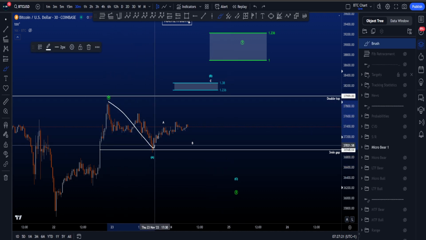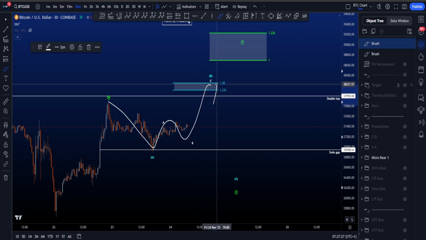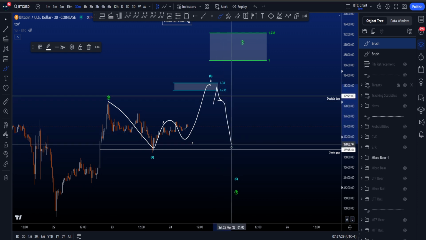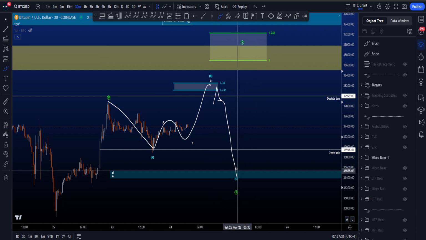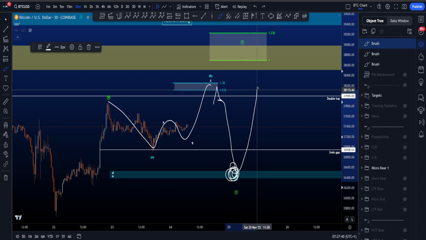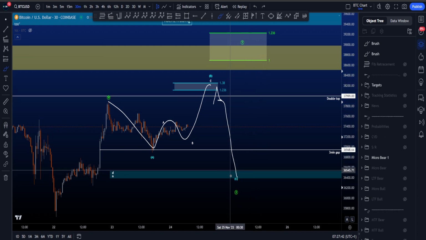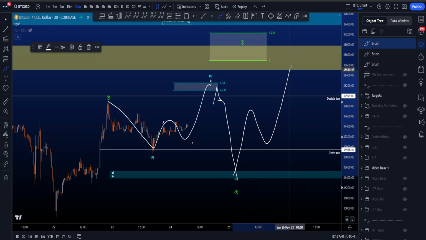So you get an A, three-wave in a wave B, take the double top, wick the double top, potentially a swing failure pattern, grab the liquidity, close below, move to the downside for wave C, where then the target box here is going to be very interesting for a potential long opportunity, if we see what we want to see, for then a move towards the upside in then a wave Y, where you want to see a stronger wave A, then a retracement in B, and then a wave C, right?